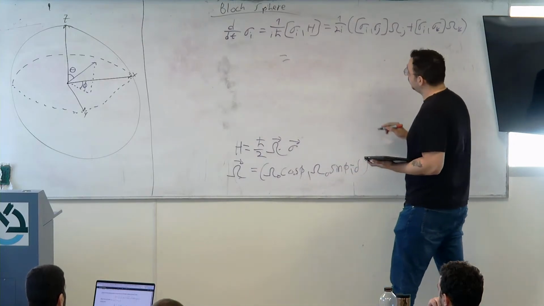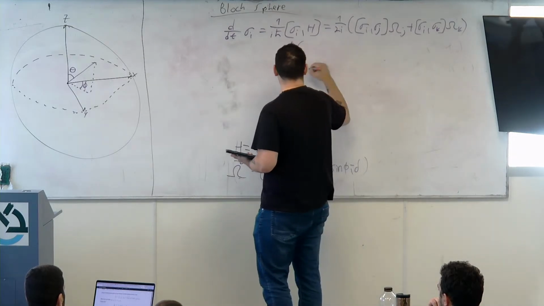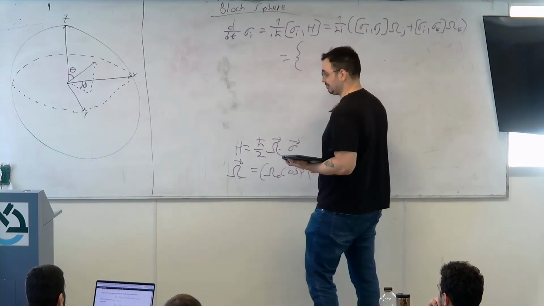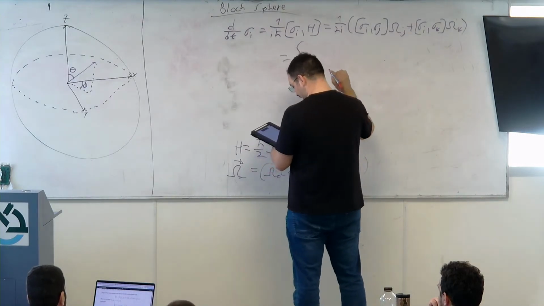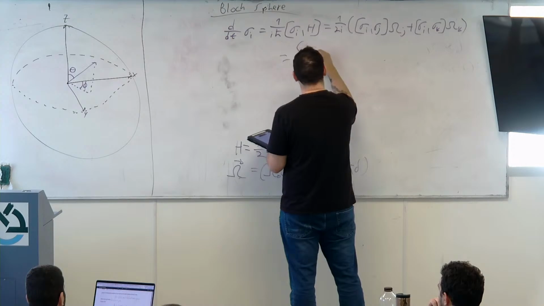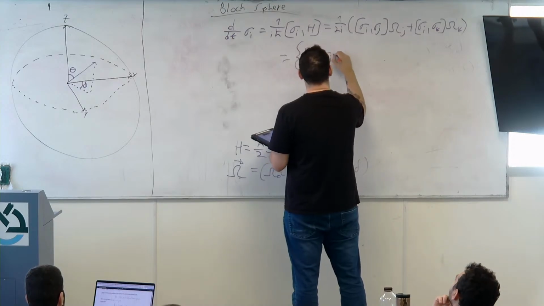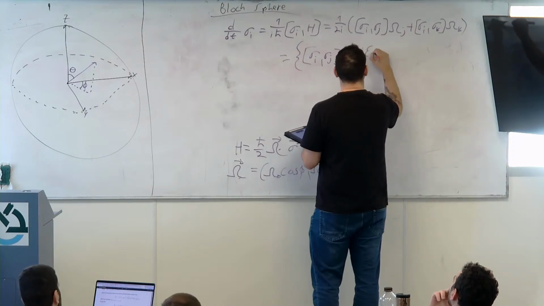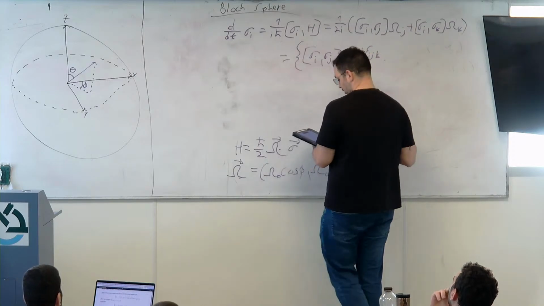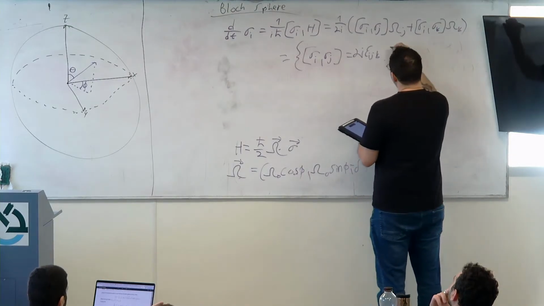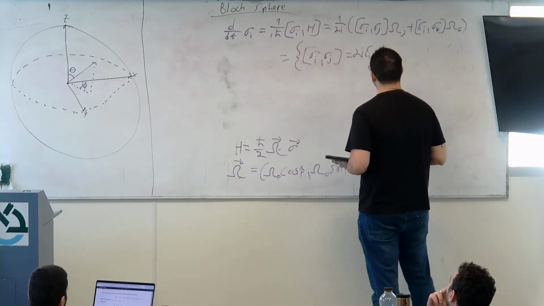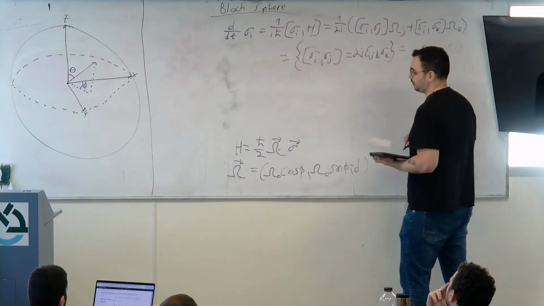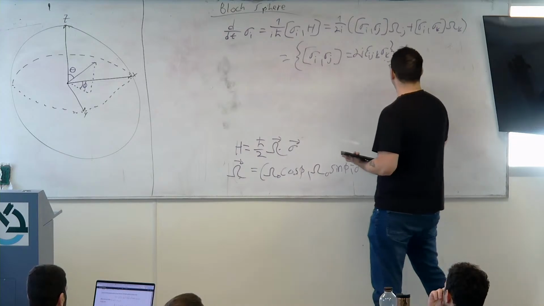Right? Now I'm going to use the fact that you definitely found in your homework that you all did, obviously, that the commutation relation of sigma i and sigma j equals 2i epsilon ijk sigma k. Right?